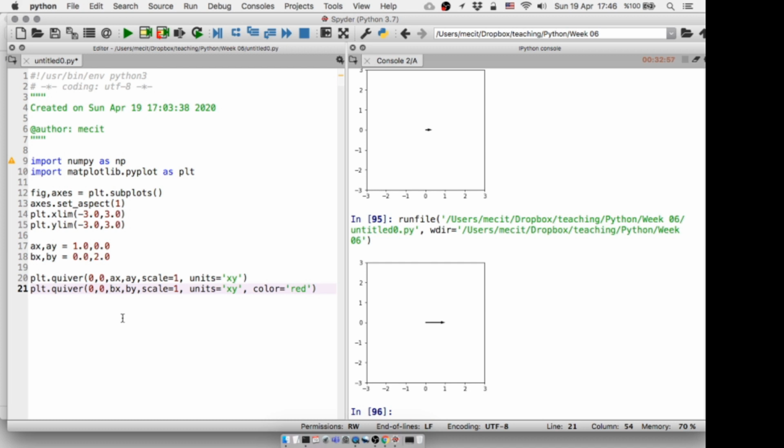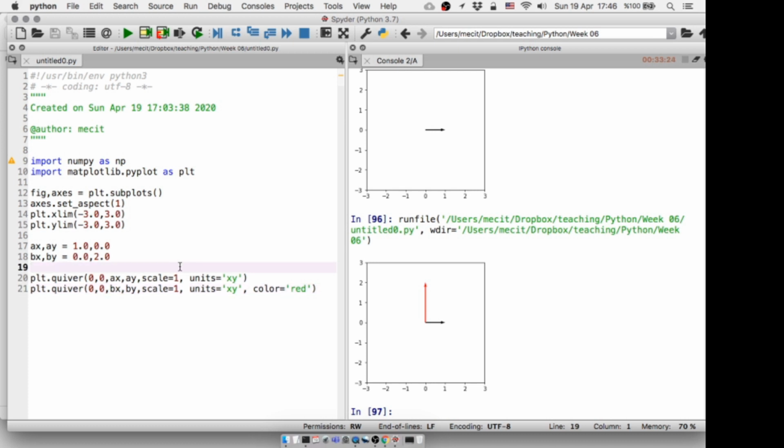So let's plot the second one in red. So here is my second vector over there. Now basically I am drawing vectors and I can set their colors, etc. And the important thing is they are scaled to the axis here.